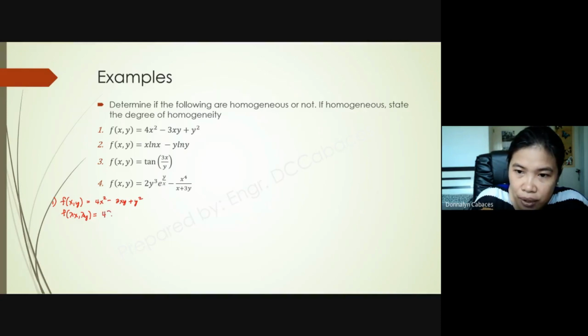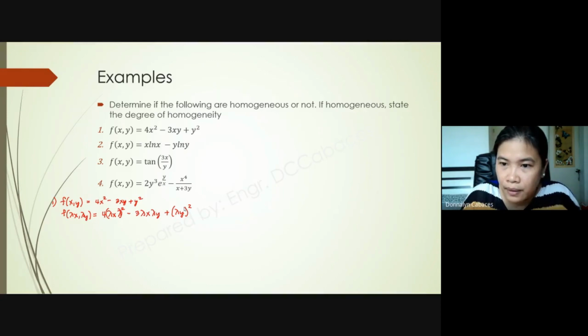So this is 4 lambda x quantity square, minus 3 times lambda x, lambda y, plus lambda y quantity square. Okay?